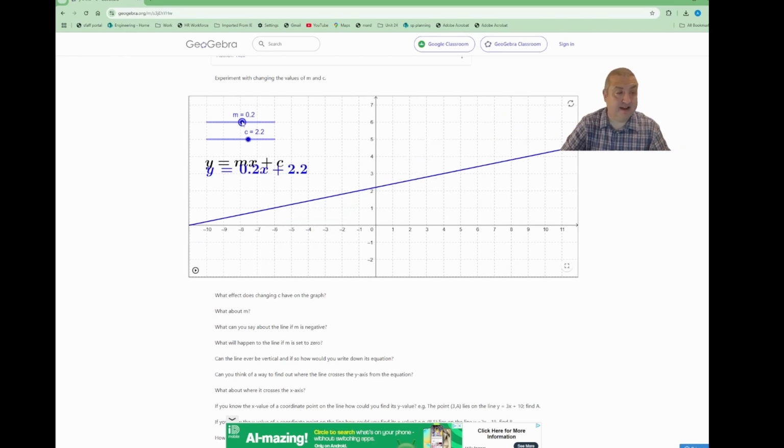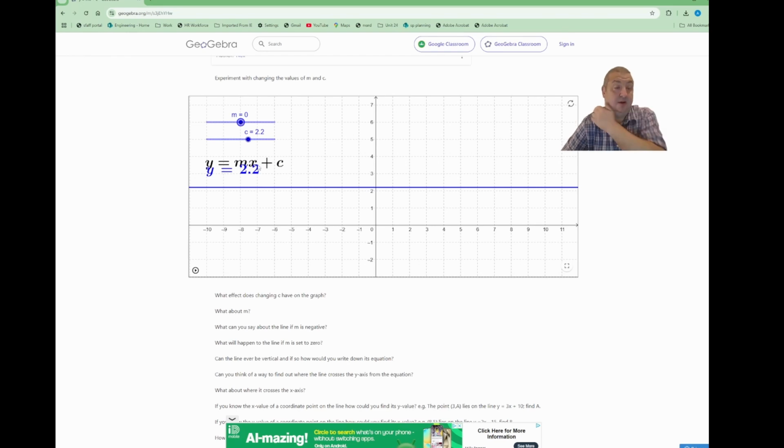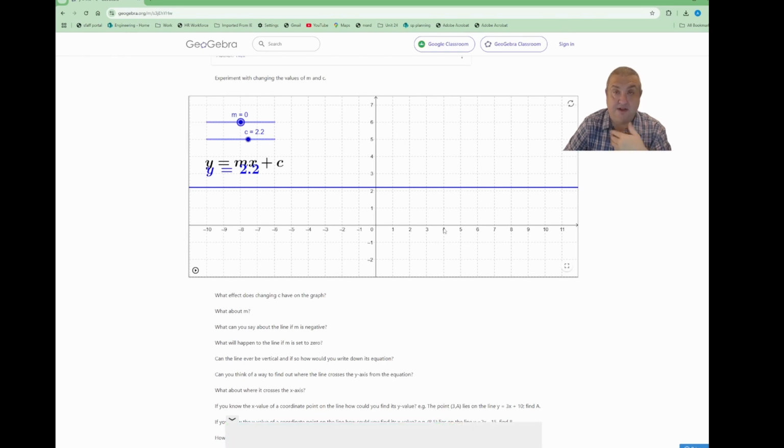When it becomes 0, then it disappears out altogether, because if m is 0, whatever the value of x is, if you multiply it by 0, it becomes 0. So if we come along here to 4, then 0 times 4 is 0, plus 2.2 is 2.2. So basically, it will be a straight line all the way along.